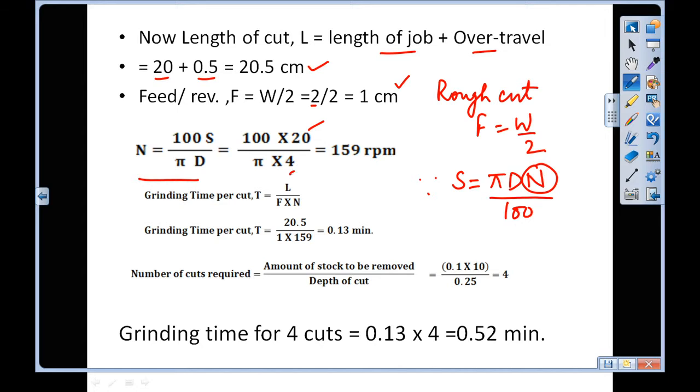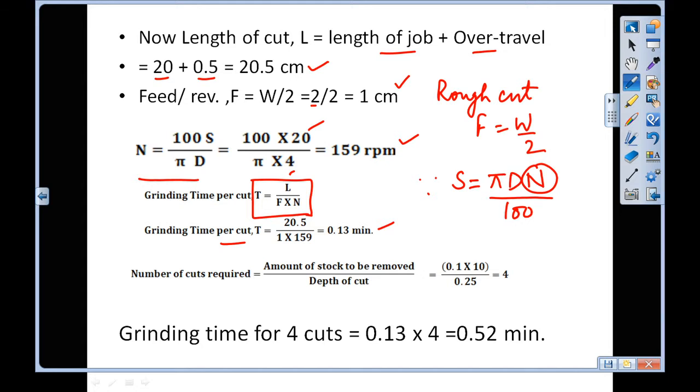So we have calculated N as 159 RPM. Now we will use the standard formula for calculating the grinding time per cut, T is equal to L by F into N. So we put the values and we calculate the grinding time per cut as 0.13 minutes. Now this is the grinding time required, that is 0.13 minutes for one cut.